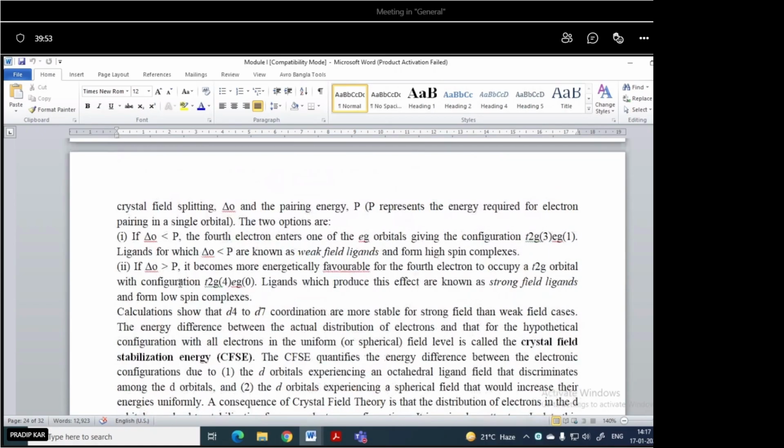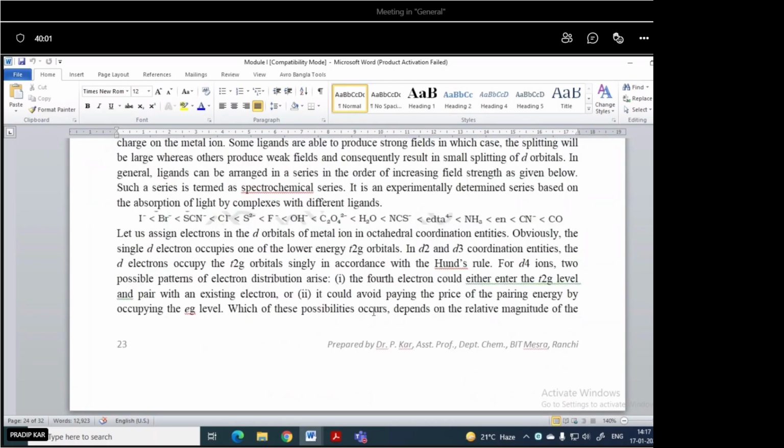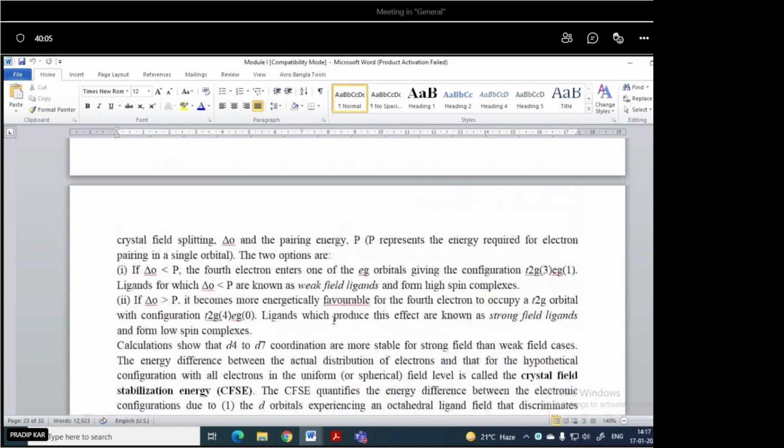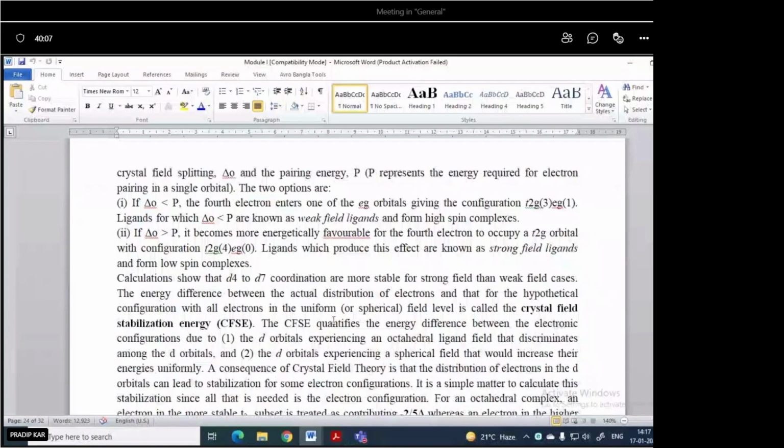If the delta octahedral is less than the pairing energy, meaning the splitting is less than the pairing energy, then the electron will go to the eg level. So the configuration is t2g3 eg1. And ligands for which delta octahedral is less than pairing energy are known as weak field ligands.